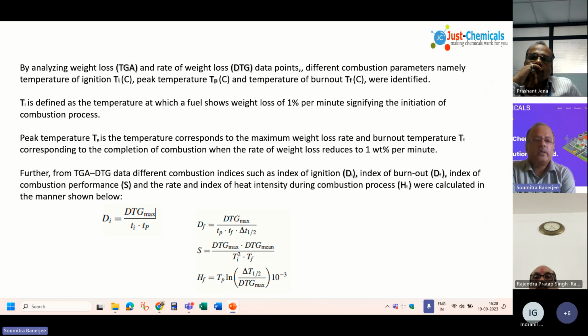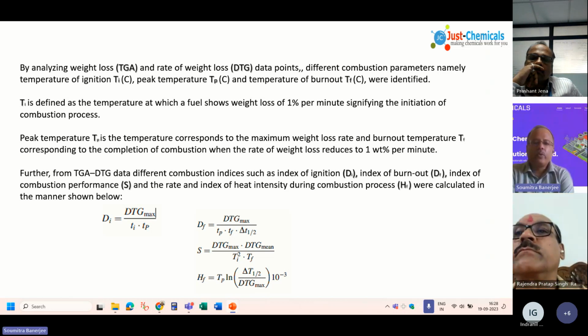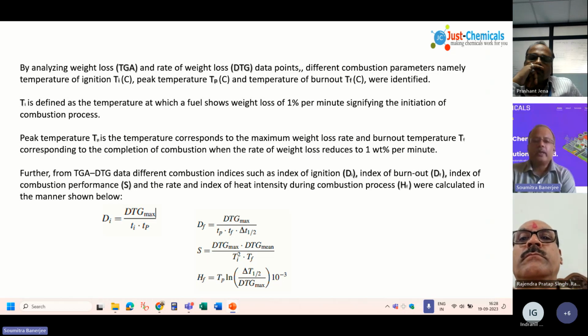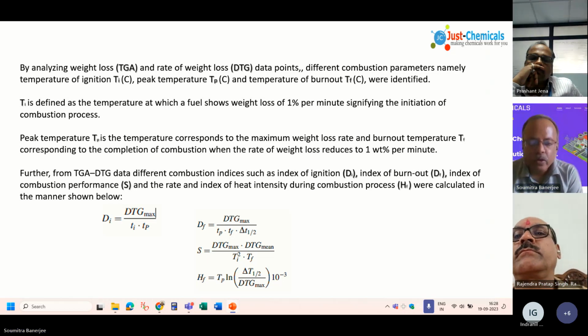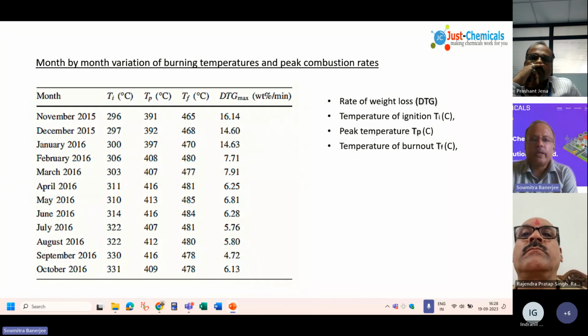Further, from that weight loss and rate of weight loss data, different combustion indices like index of ignition, index of burnout, index of combustion we calculated. I've kept the formula here, and later if you need some more data on this, I can supply you some more data. And then this is what we found actually.